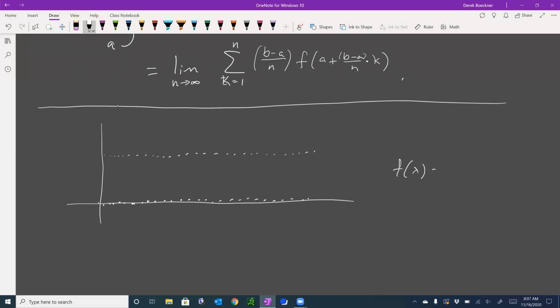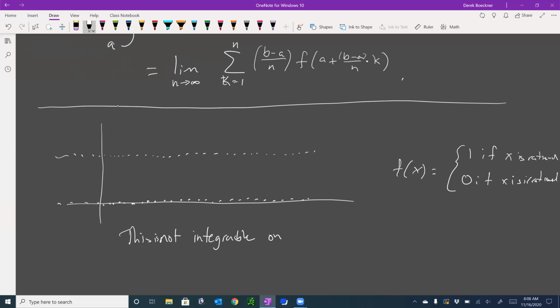And f of x is equal to 1 if x is rational, and 0 if x is irrational. This thing is not integrable on any interval.